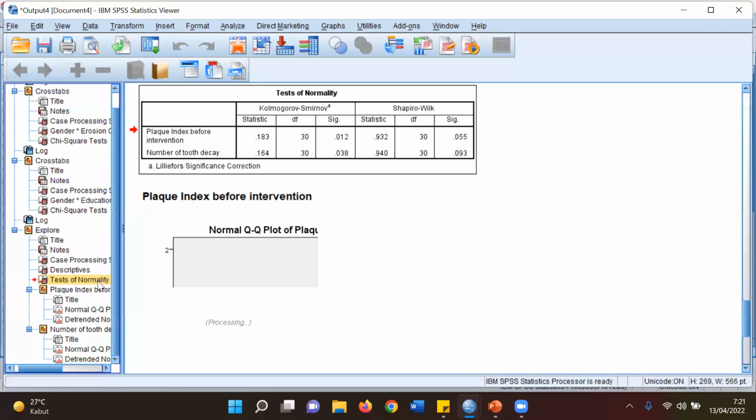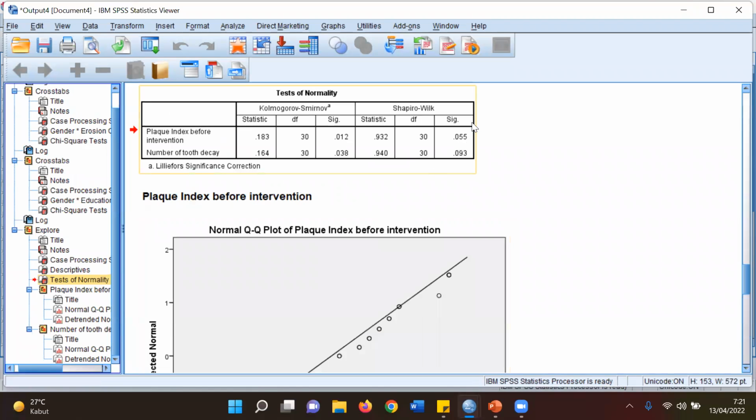Click the test of normality here. You can see the plaque index before intervention and the number of tooth decay. Because the number of samples is below 50, you look at the Shapiro-Wilk test. Here you can see that the plaque index before has a significance higher than 0.05, meaning the distribution is normal.